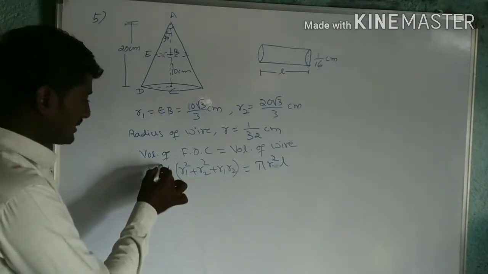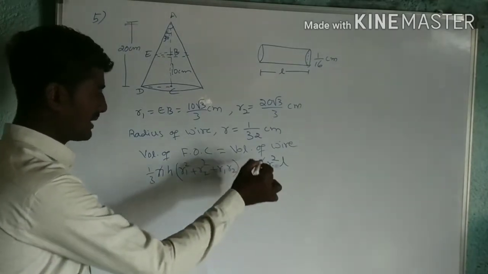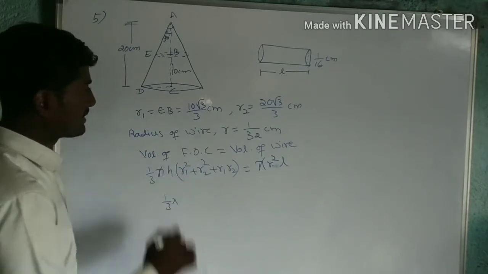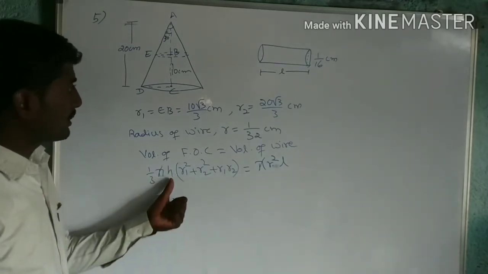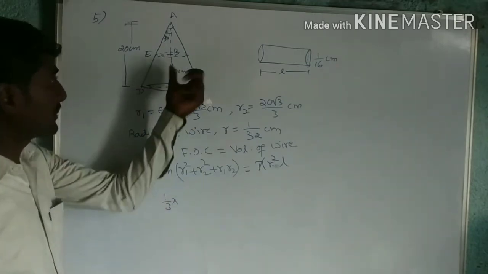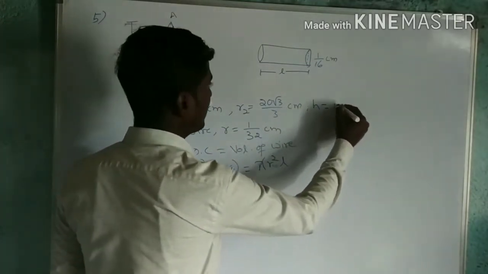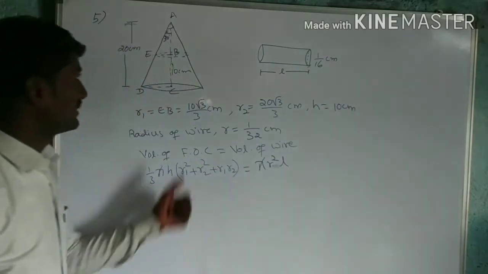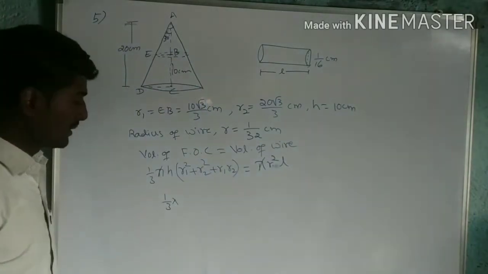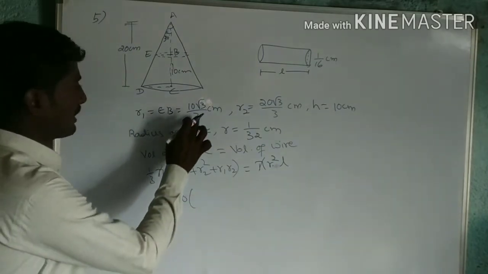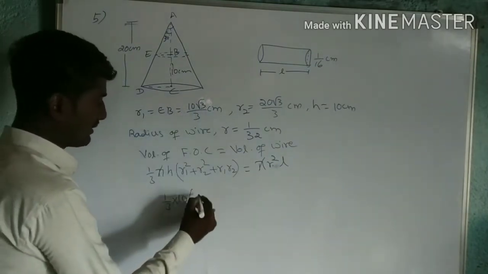Now we can simplify this. Pi will get cancelled. Remaining 1 by 3 h is there. Here h is nothing but the height of the frustum of cone. So I will take h is equal to 10 centimeter. So this is the height of the frustum of cone. So 10 into R1 square. Where is R1? R1 is here. You can square it.